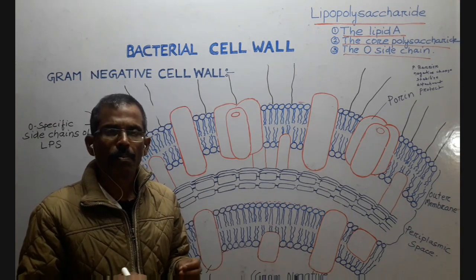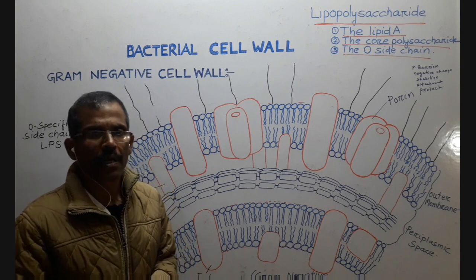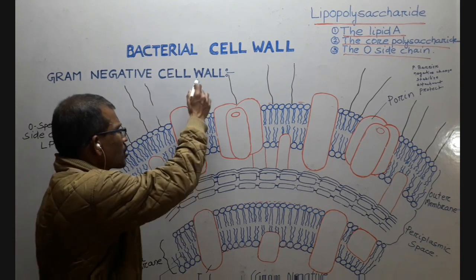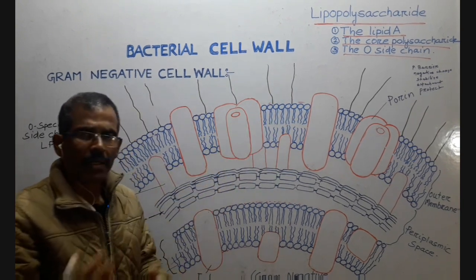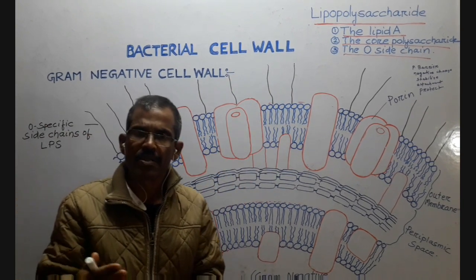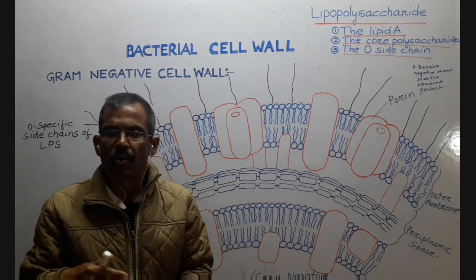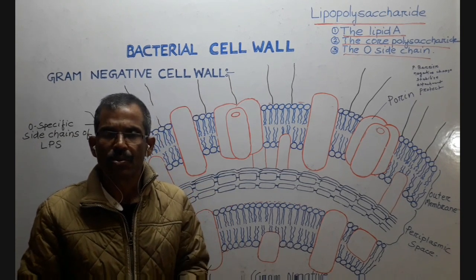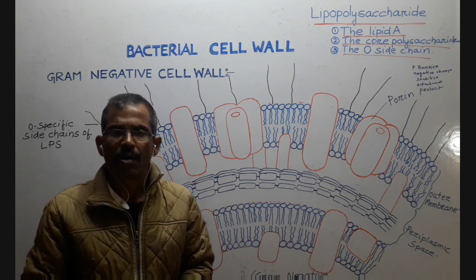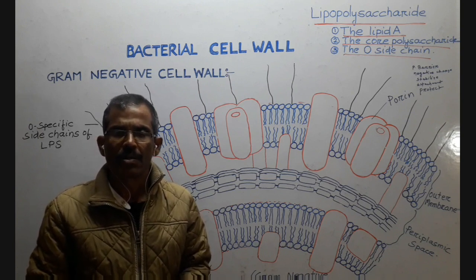The terminal part of lipopolysaccharide is the O-side chain, which is also known as O antigen because of its antigenic nature. The O-side chain elicits an immune response that leads to the production of specific antibodies.